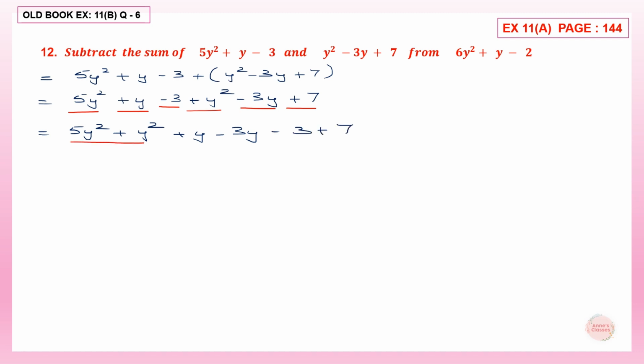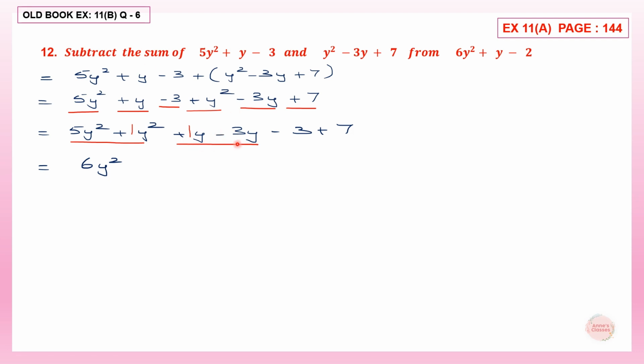Let's work on the like terms now. So here we have 5y square plus 1y square. So as you can see, let's look only at the numbers. 5 plus 1, signs are the same. So 5 plus 1 is 6. So this becomes 6y square. Let's look at the next one. So here it is plus y minus 3y. Let's look only at the numbers.